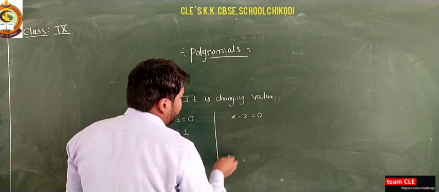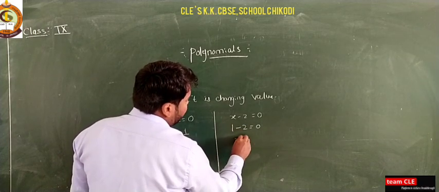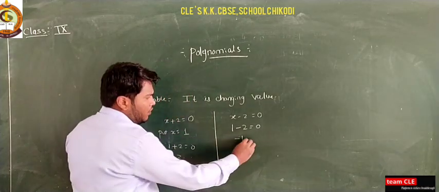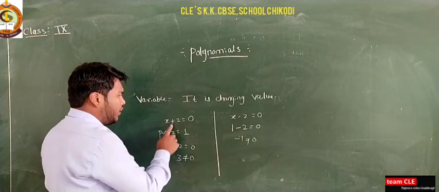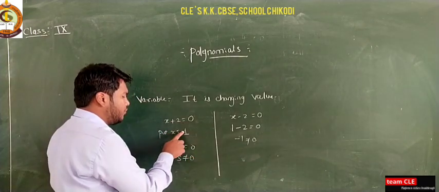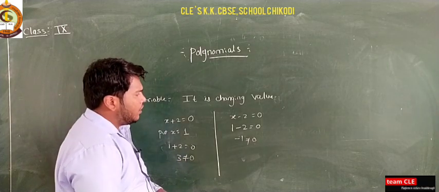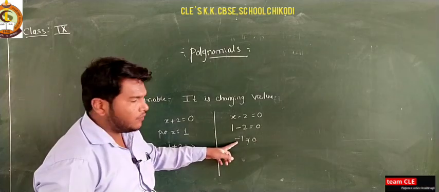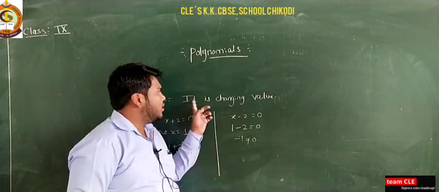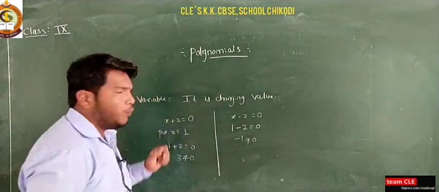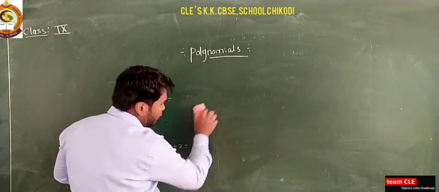If I put x equals 1, then 1 plus 2 equals 3, which is not equal to 0. Similarly, if I take x minus 2 equals 0 and put x equals 1, then 1 minus 2 equals minus 1, which is not equal to 0. So you are getting different values, which means it is a changing value, which means it is a variable. Now, what are constants?